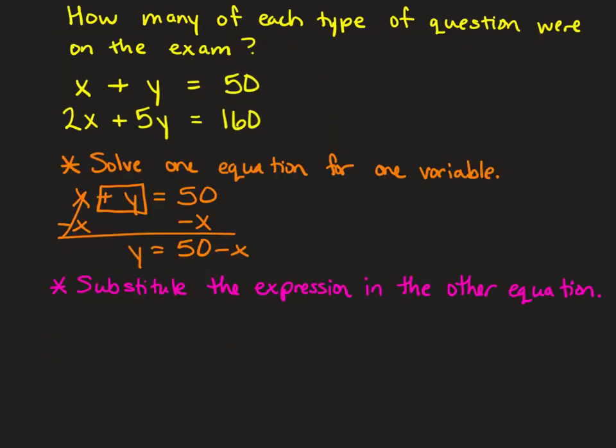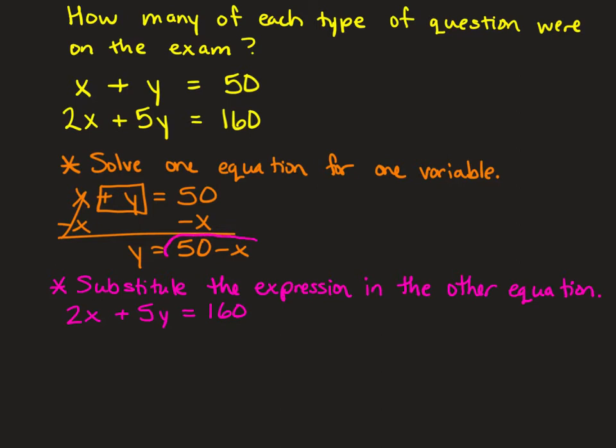Substitute the expression in the other equation. So I'm going to take my other equation, the one I didn't use to solve for Y, which was 2X plus 5Y equal 160, and I'm going to substitute the expression I got.